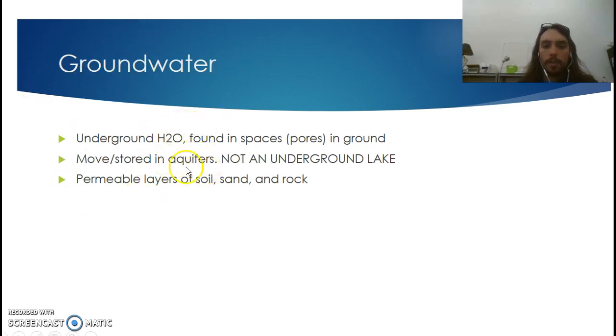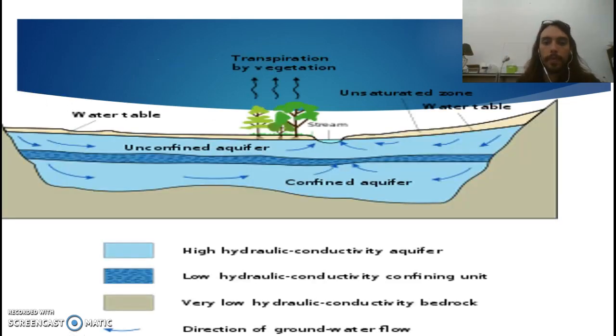So groundwater is stored in these aquifers, and these aquifers have permeable layers of soil, sand, and rock. And if you remember, the word permeable means that something can go through it. So usually permeable things have pores in them so that water can trickle down. So here is just a really simple water table for you.